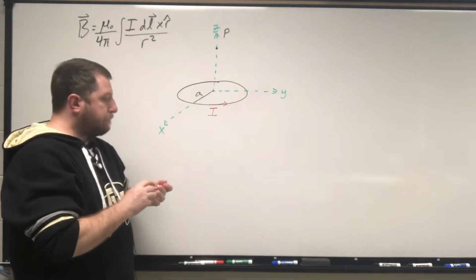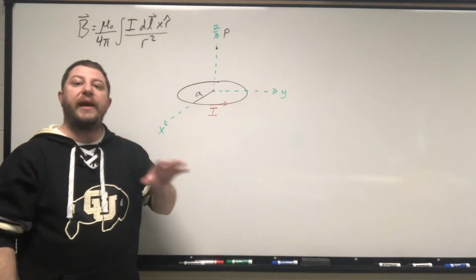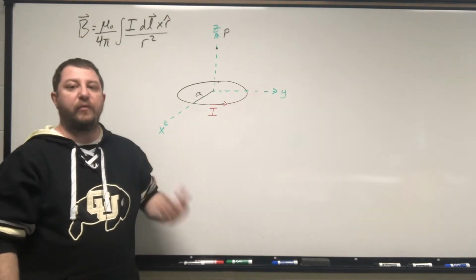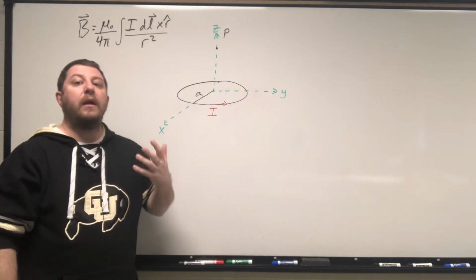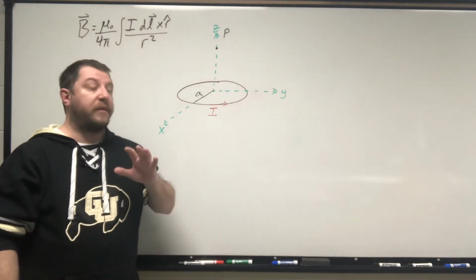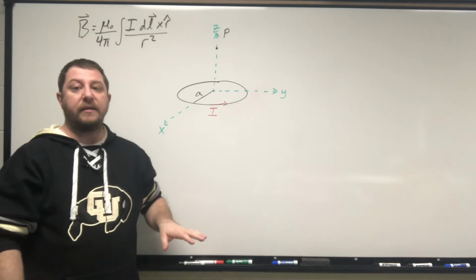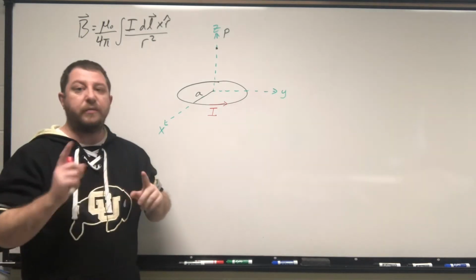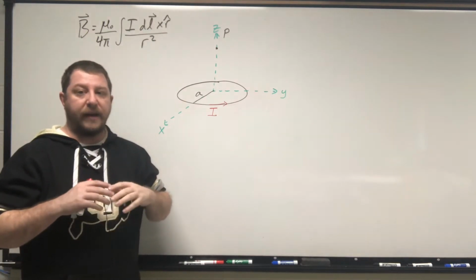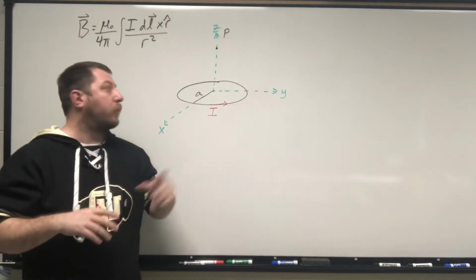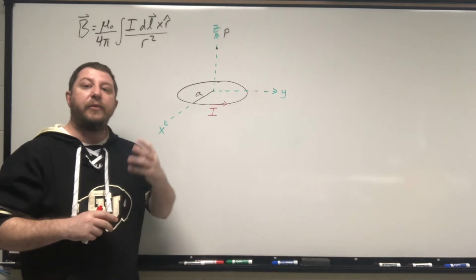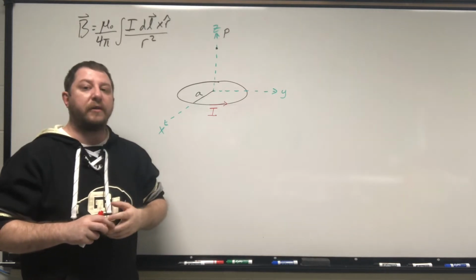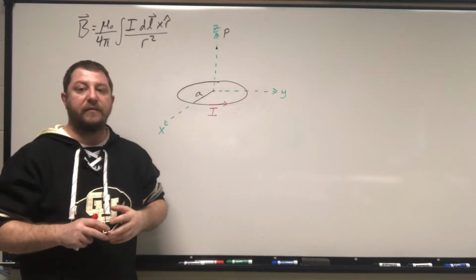One thing to note is when you have a single closed loop of wire, whether it's a circuit with a battery and wire, or a circular loop like this, the current must be the same everywhere if it's flowing.